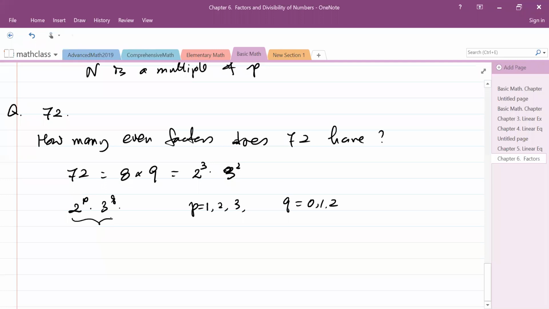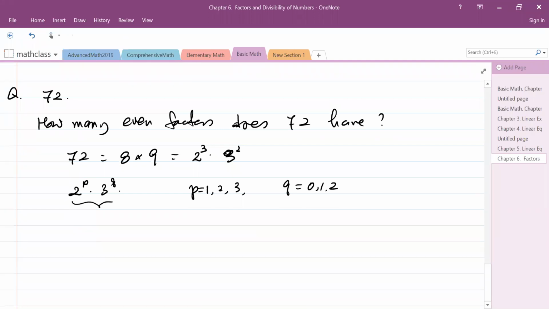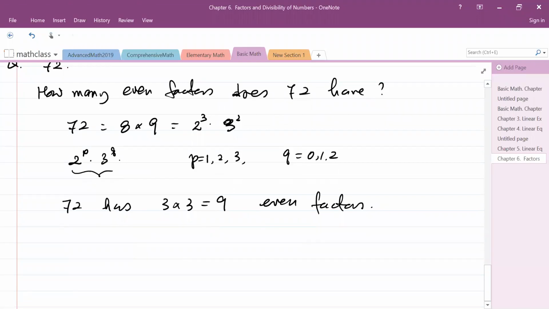If you remove the 0, you have 3 choices for P and 3 choices for Q. Then 72 has 3 times 3, 9 even factors. Got it?